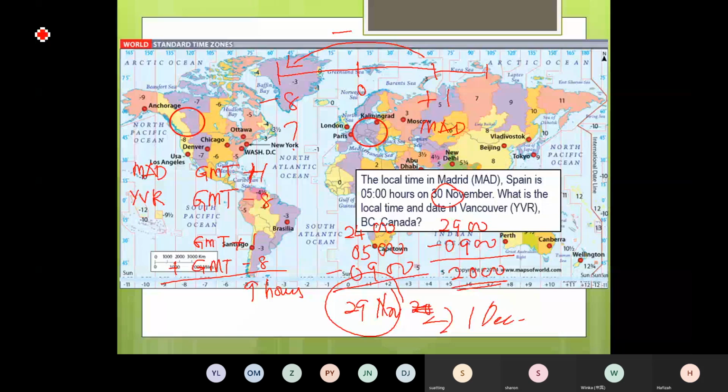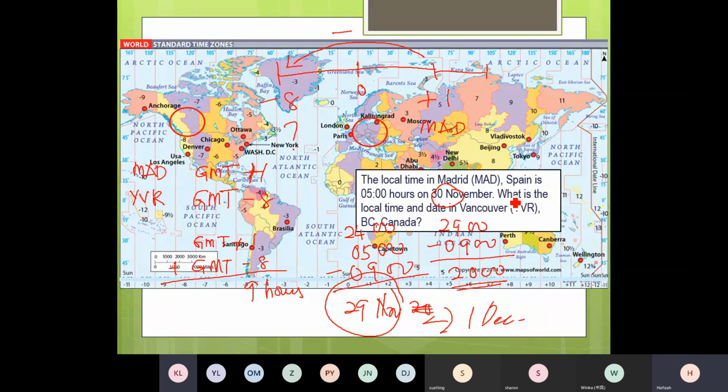But if plus 9, same day. Are you sure? Why is it 29?